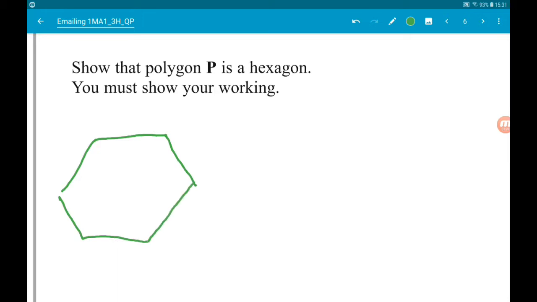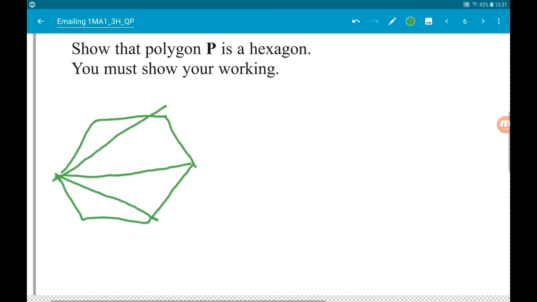Now, what we do is from one of the corners, we draw straight lines to any other corner that we can. So I'm going to go there, there, and there. So what I've now done is created 4 triangles.